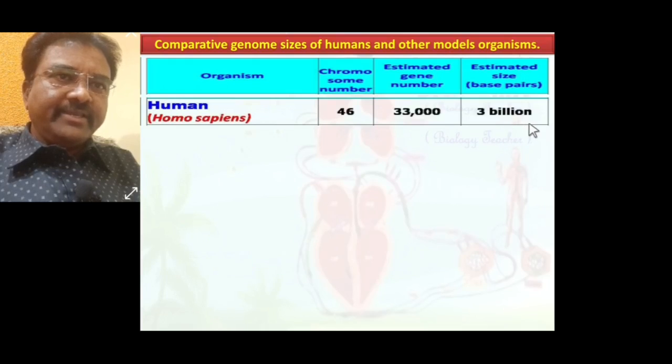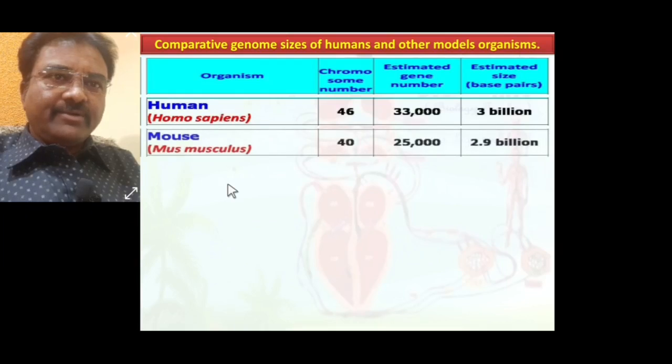Second, mouse: 40 diploid chromosomes, estimated number of genes 25,000, estimated size 2.9 billion base pairs.